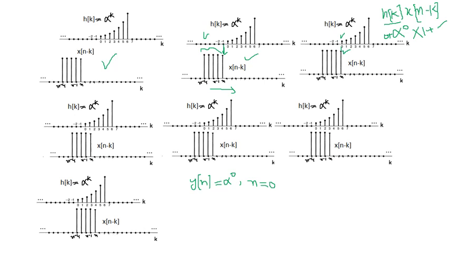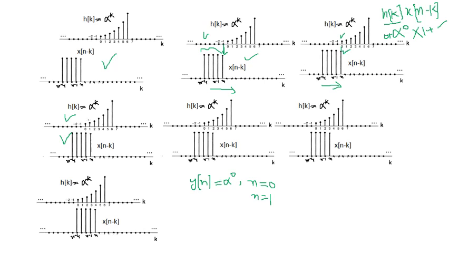Okay, so at n equals 1, what will be the value? At n equals 1, that means we shift the signal 1 unit again to the right side. So the resulting two signals are plotted here. You can see that now we have two samples of non-zero overlap.